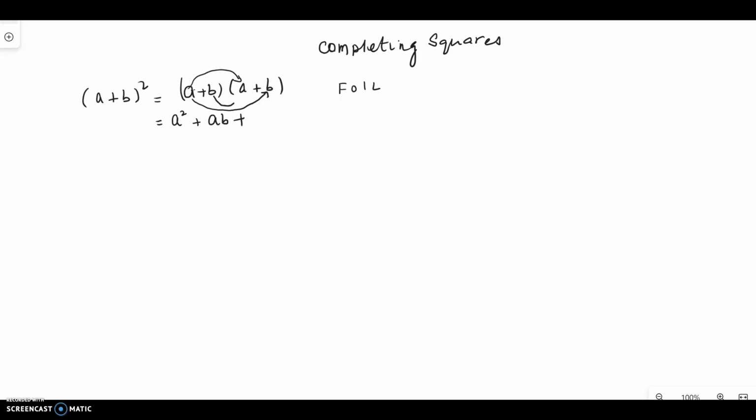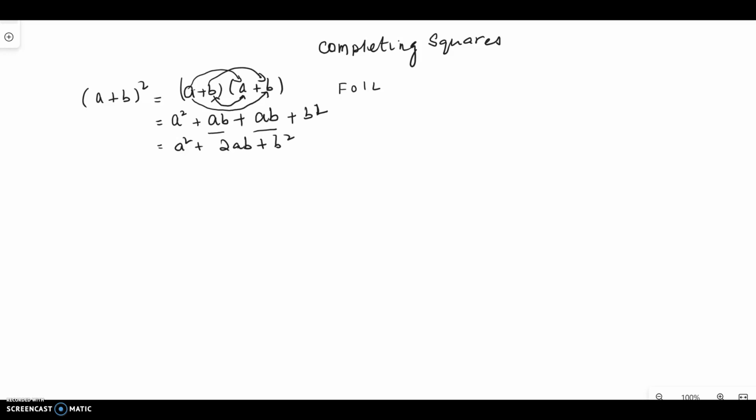So the inner terms would be b times a, which is the same as a times b, plus lasts. So the last here and the last here is b times b. So we have b squared. So that is equal to a squared plus ab is 2ab plus b squared.